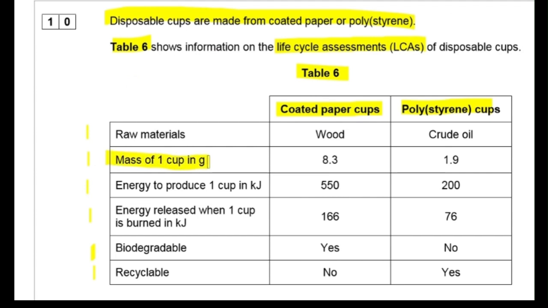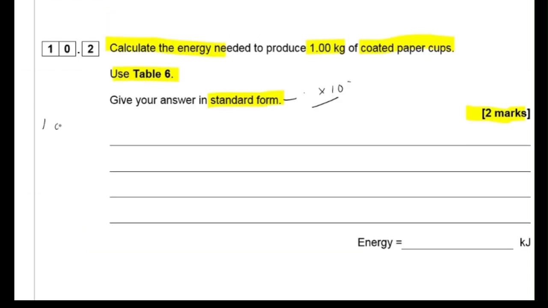The mass of 1 cup in grams is 8.3, so we can work out how many cups there are in a kilogram. The energy to produce 1 cup in kilojoules is 550. So let's jot that information down. What have we got? 1 cup has a mass of 8.3 grams, and we can work out how many cups in a kilogram by dividing 1,000 by 8.3.